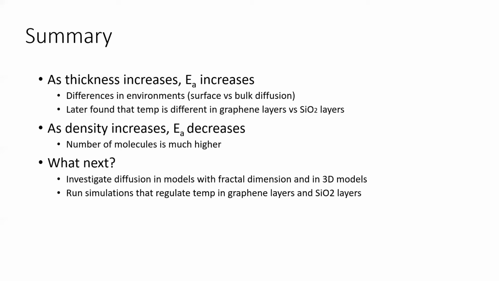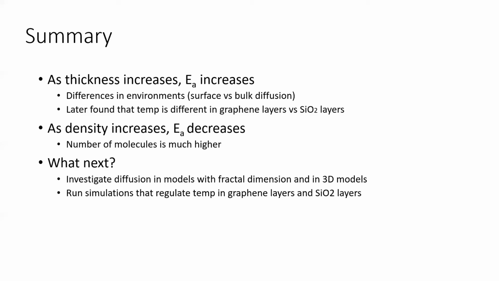Also, when we looked into the temperatures of the graphene layers and the SiO2 layers, we noticed that there was a temperature difference between the two layers. This may impact why we see differences in activation energies with models of differing thicknesses.